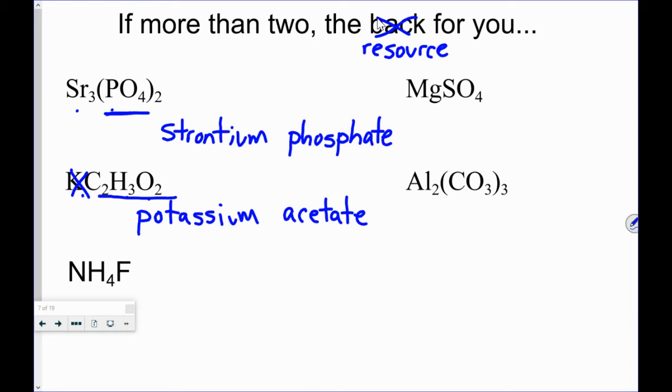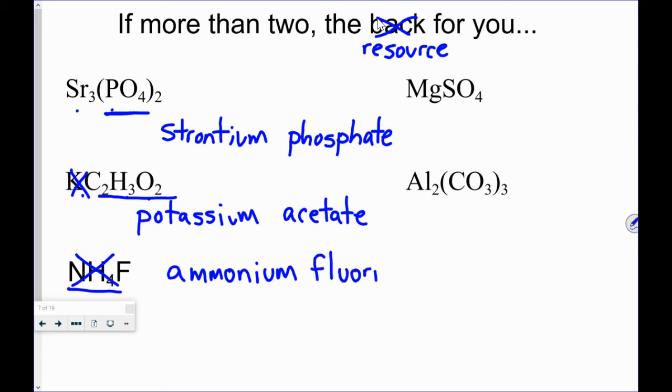That's how this goes. There is one tricky one, so I always kind of point this one out. If it starts in NH4, that is also a polyatomic. You're going to find that on your resource sheet. That is ammonium. It is one of the few positive polyatomics. So we named NH4. Now that doesn't change.